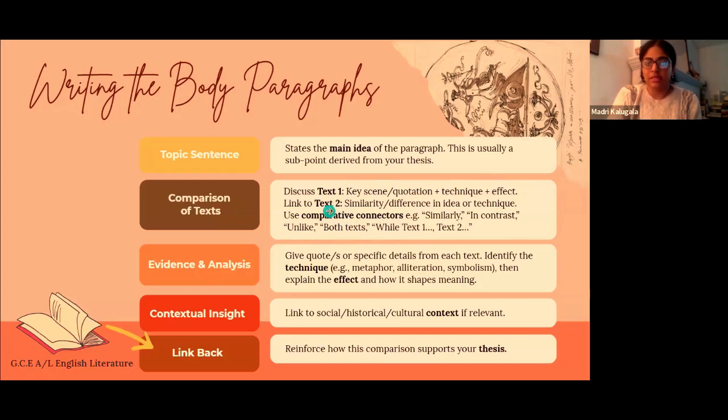Similarly, in text 2, you look at either the similarity or the difference on this same point, and use those comparative connectors we were talking about earlier: the connectives or signposting language. Similarly, in contrast, unlike, always use those.